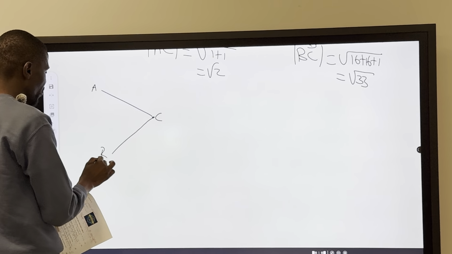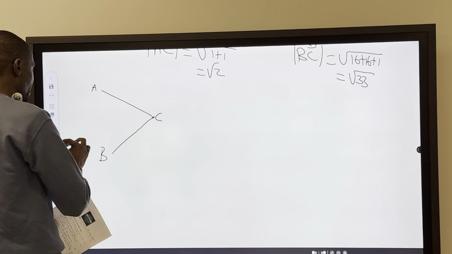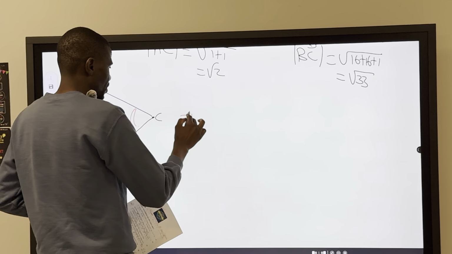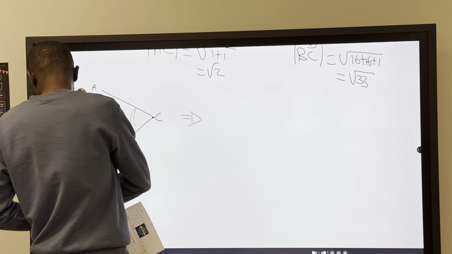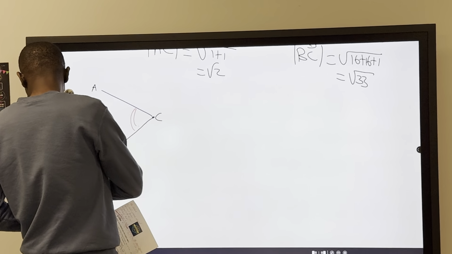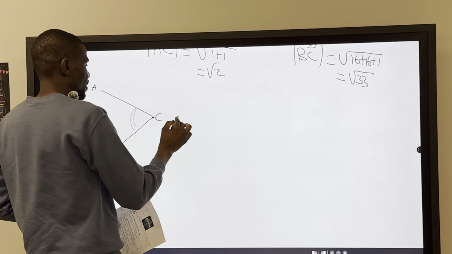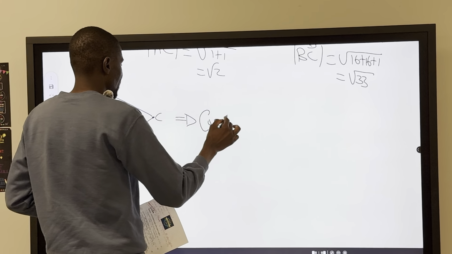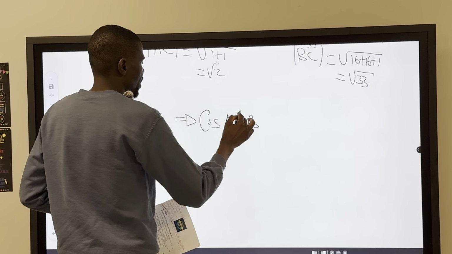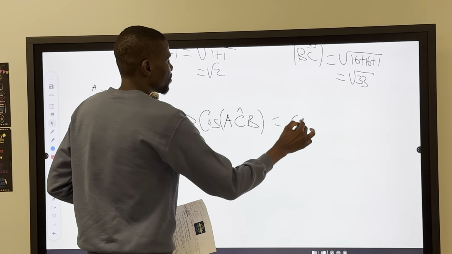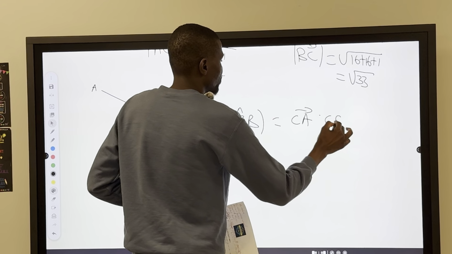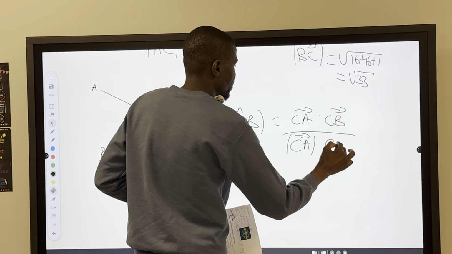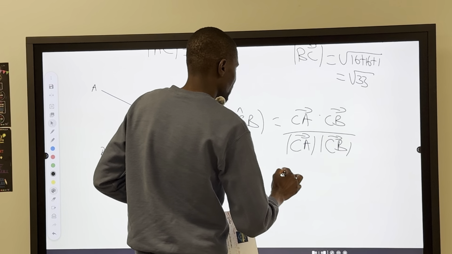So we have our common point, which is C. So we are looking for this maximum angle here, which is angle ACB. So we say cosine ACB equals CA dot CB over the modulus of CA times the modulus of CB.